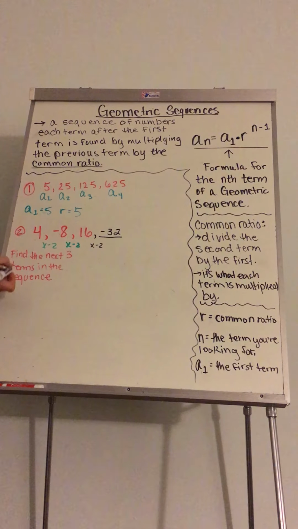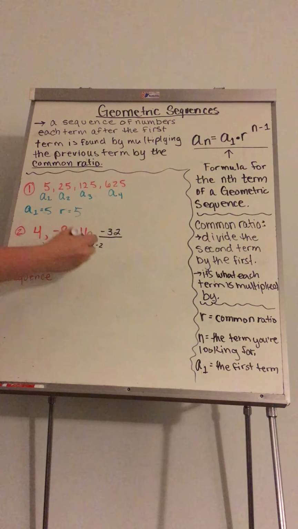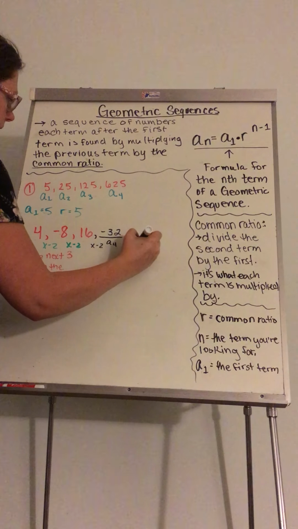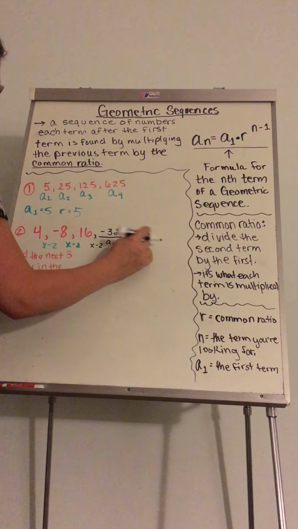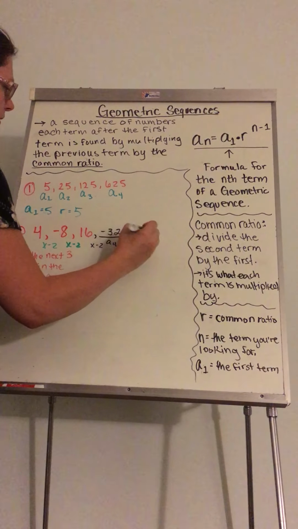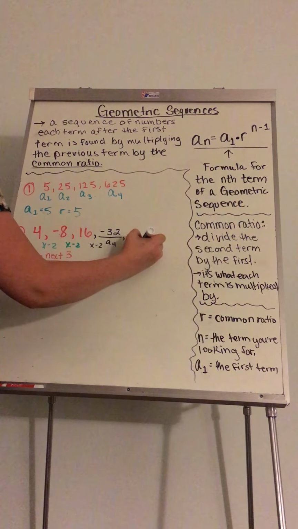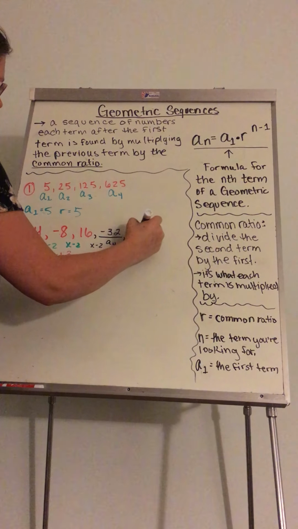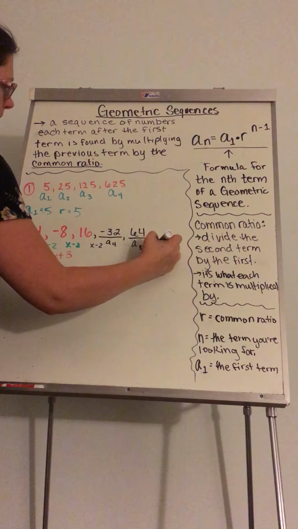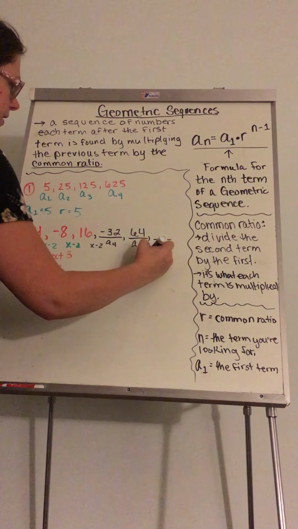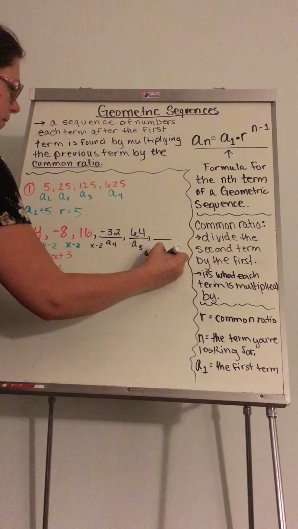And that's actually what the next thing is having you do. Find the next three terms. So that's the next one, this is a sub 4. Then a sub 5 is going to be -32 times -2, which is going to be positive 64. And then a sub 6, which is the last term we're looking for, is going to be 64 times -2, because that's our pattern.